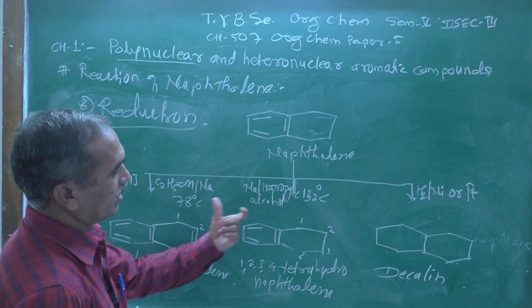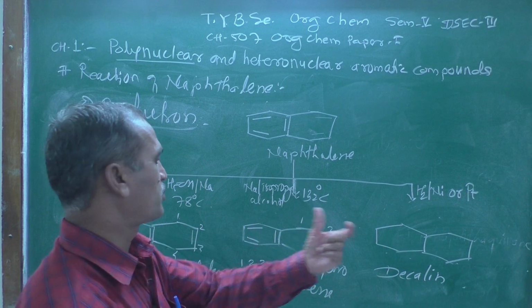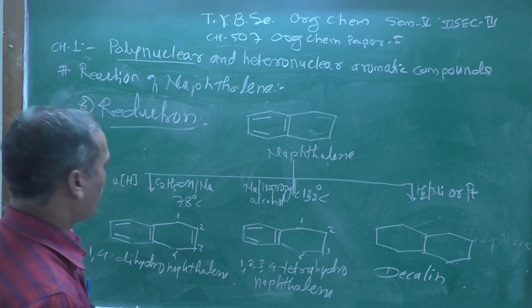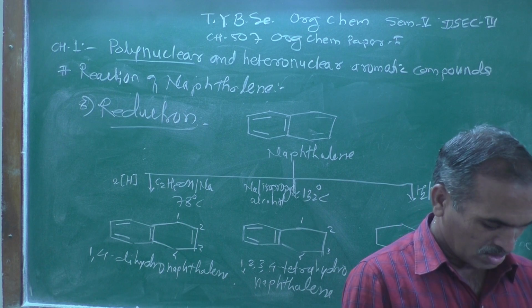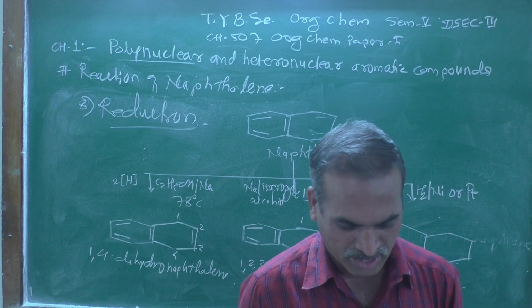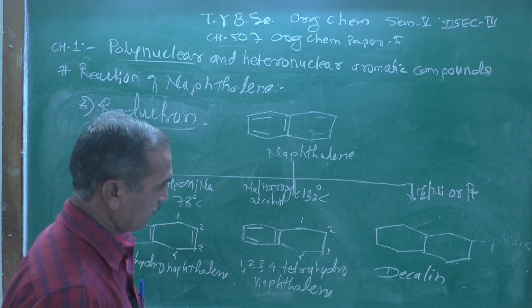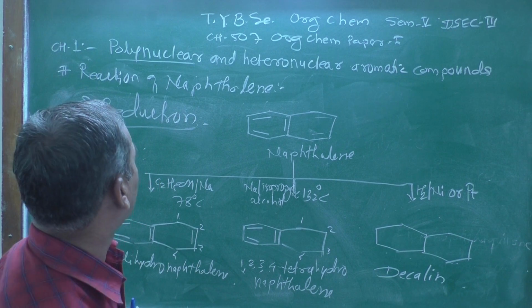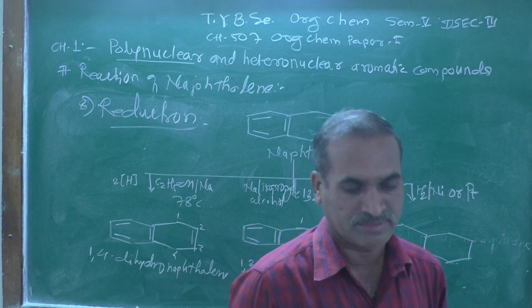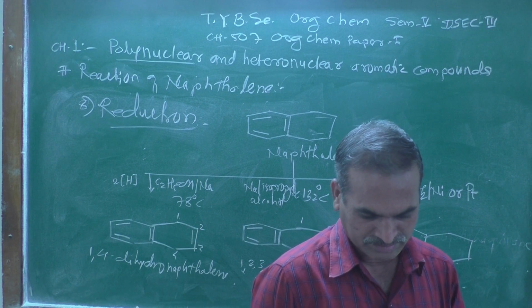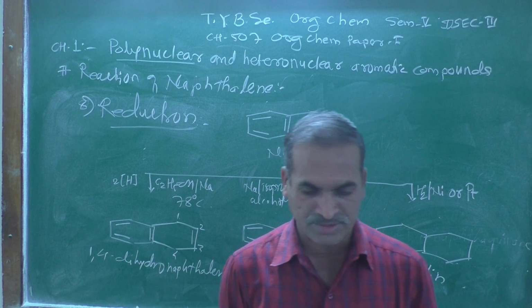We would get partially reduced or differently reduced products. You can observe here there are different products which I have shown on the blackboard. You can see clearly. So in this way we have seen some examples of naphthalene which gives electrophilic substitution reaction.